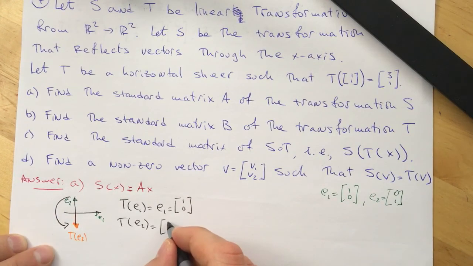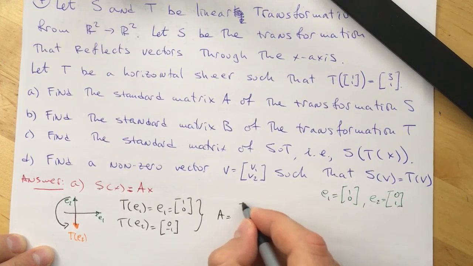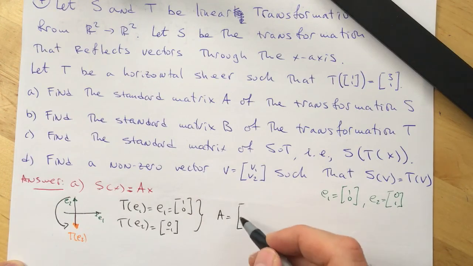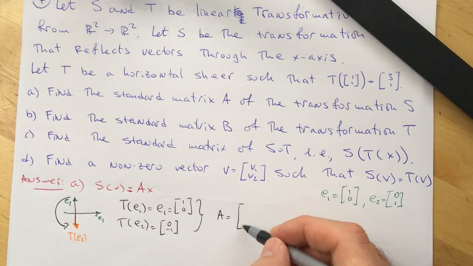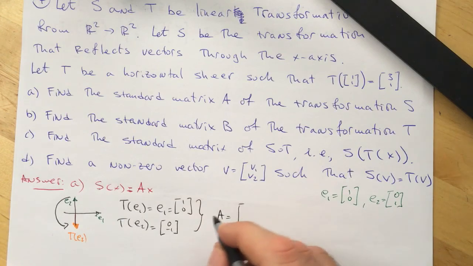From here, I get the standard matrix of the transformation S. As I said, it consists of the columns that are just the images of the standard unit vectors under the given transformation.